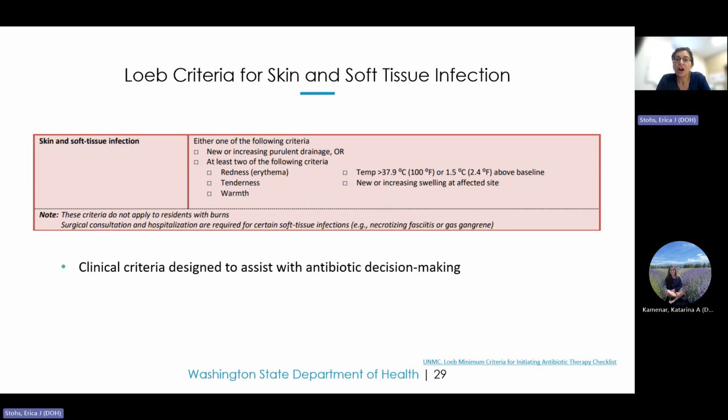And then often, but not always, there can be a temperature elevation, either above baseline or a frank fever. However, that's not super common if it's a smaller cellulitis or skin and soft tissue infection. As I mentioned before, there are plenty of non-infectious mimickers that can meet these criteria. So having an alternative diagnosis is helpful in determining if this is a true skin and soft tissue infection, but that is going to be up to your provider.